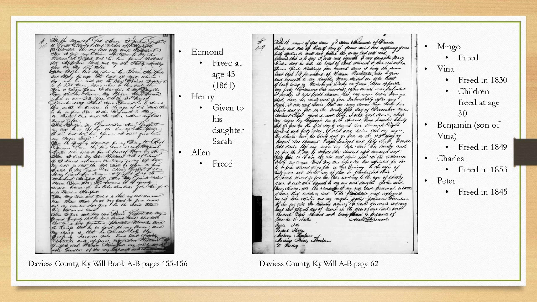The one on the right is for Adam Shoemaker, 1827. He frees all his slaves after his death. Mingo is freed. Vina is freed in 1830. Any children she has before 1830 get freed when they turn 30. The slave status of children was based solely on the mother.